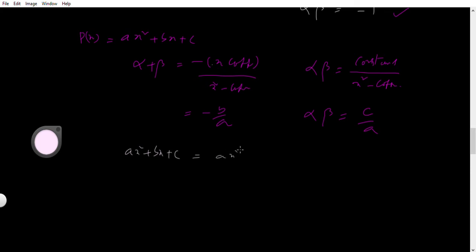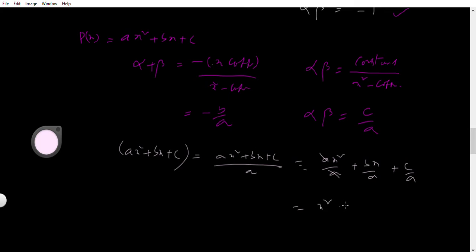That is ax square by a plus bx by a plus c by a. Now by cancelling a, we get x square minus of minus b by a, that is, minus of b by a times x plus c by a.